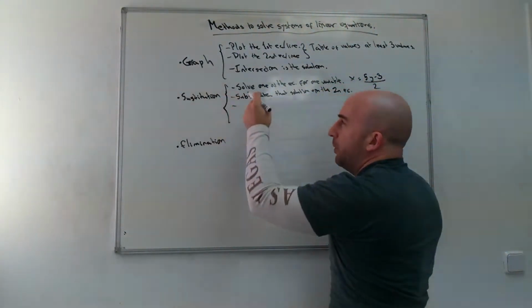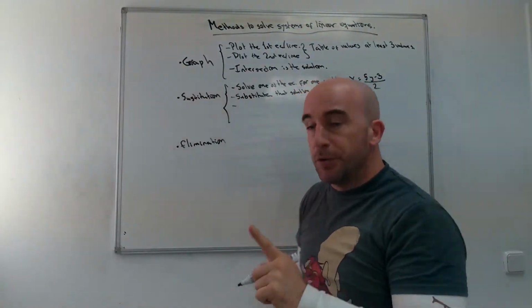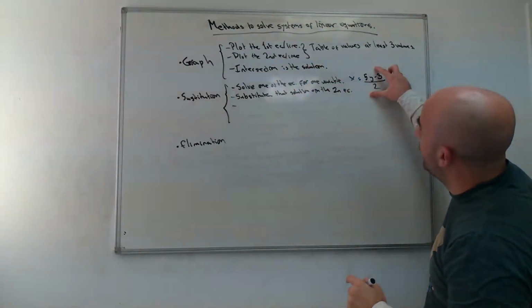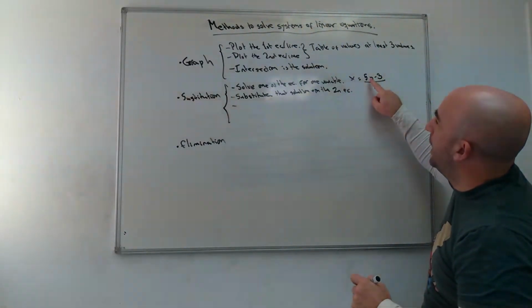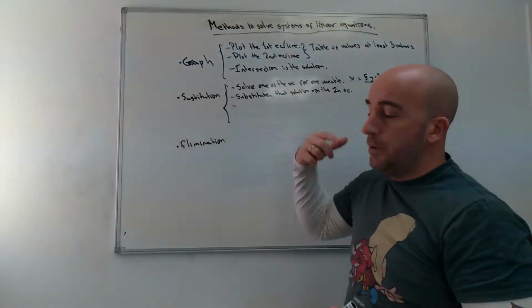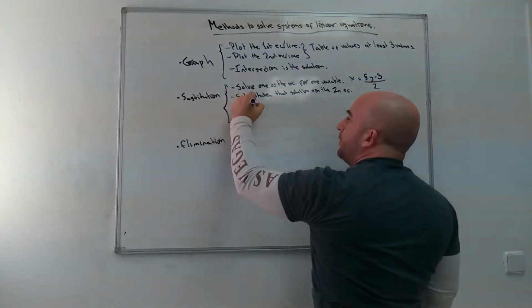Then you obtain on the second equation just one variable, because where you had x, you put (5y minus 3) divided by 2. So you will only have y's, or x, whatever you've done. And then you solve the second equation.